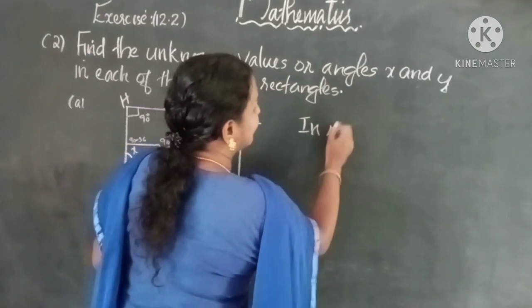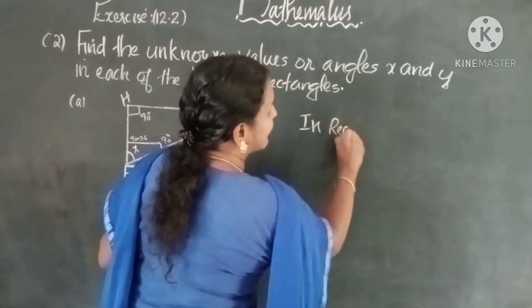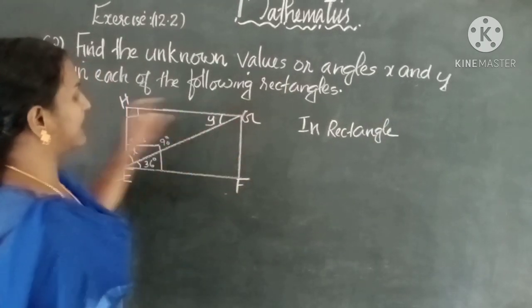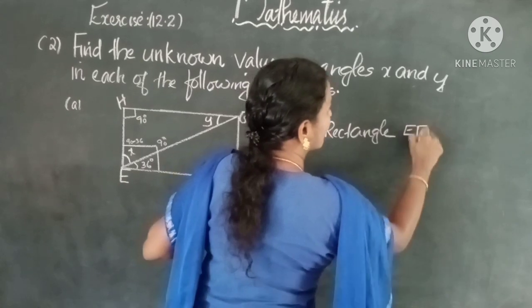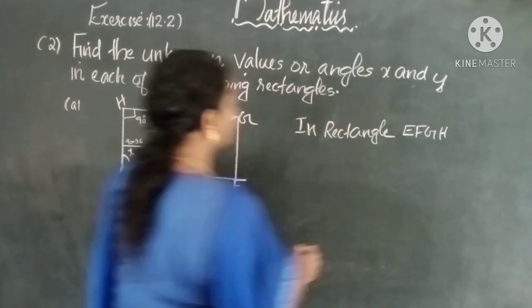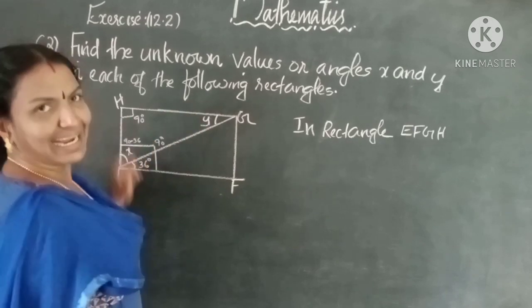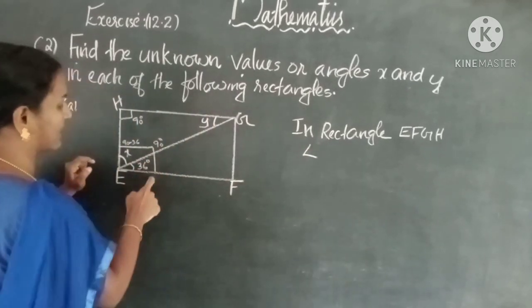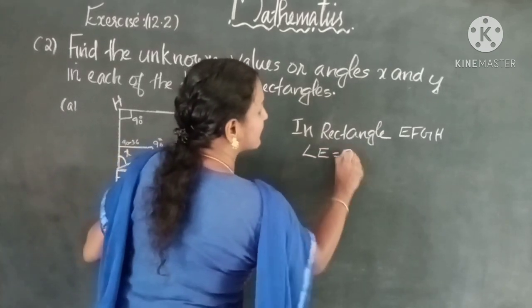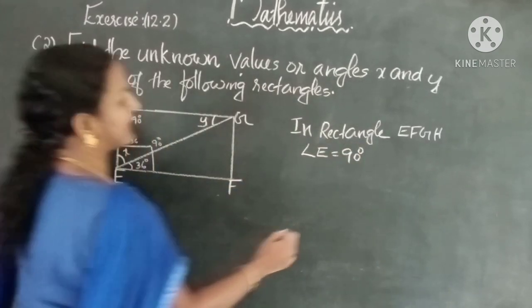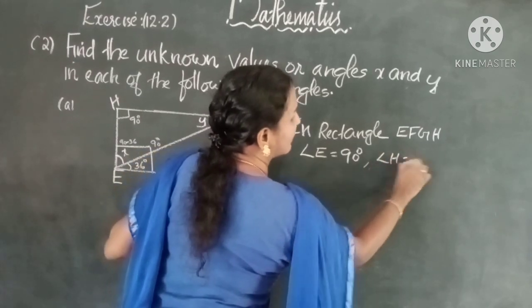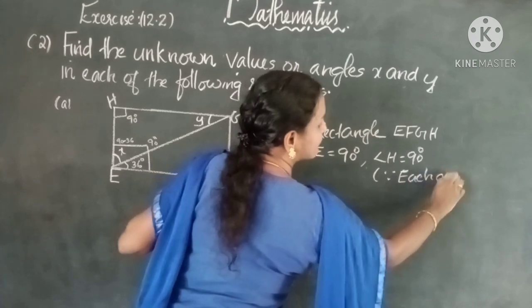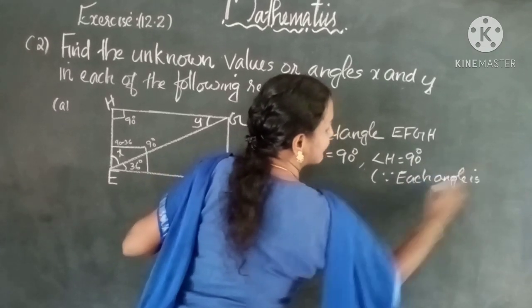In rectangle EFGH, each angle is 90 degrees. Angle E means this angle, angle E is equal to 90 degrees. Angle H is equal to 90 degrees. Reason: each angle is a right angle.